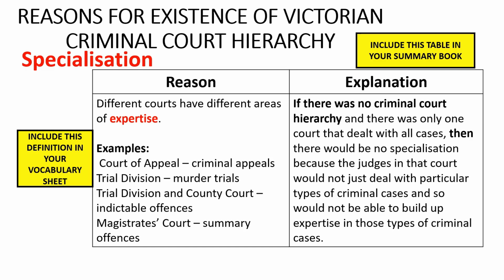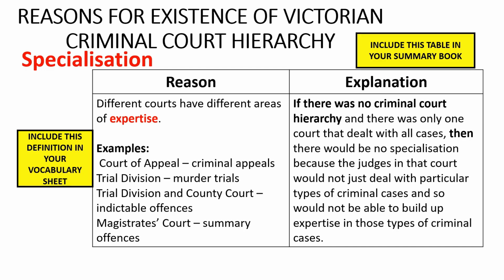And here's a final example in the Magistrates' Court. The Magistrates' Court has original jurisdiction to hear summary offences, and therefore we can say that it has expertise in summary offences.